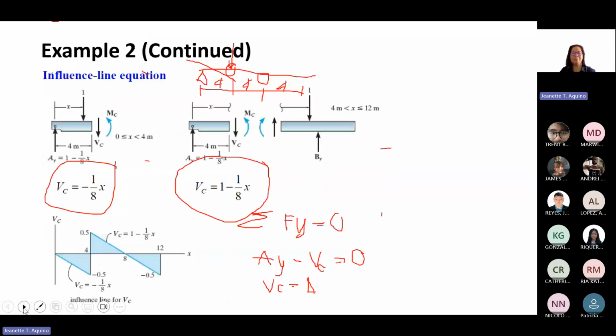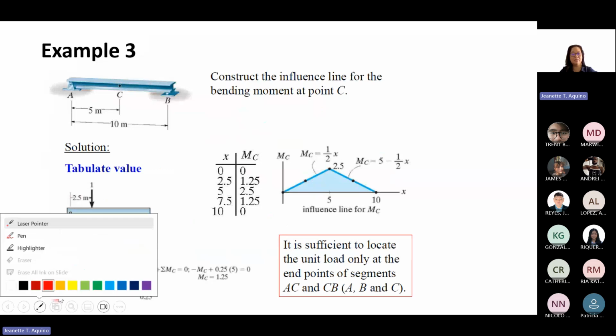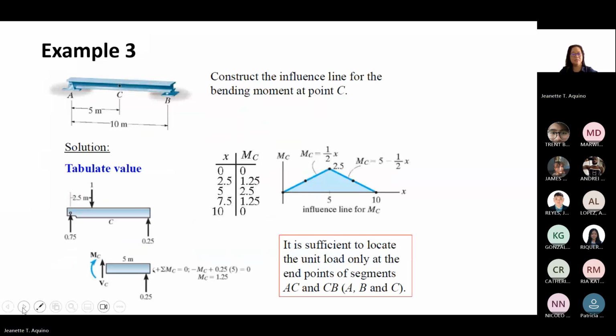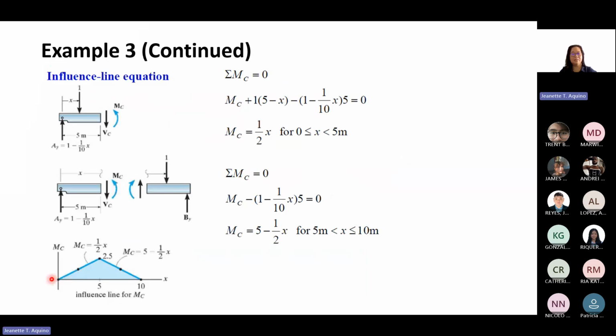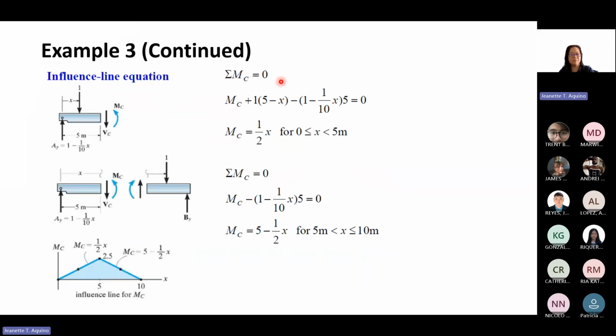Then point C, but we want to take the moment at point C. Let's draw.